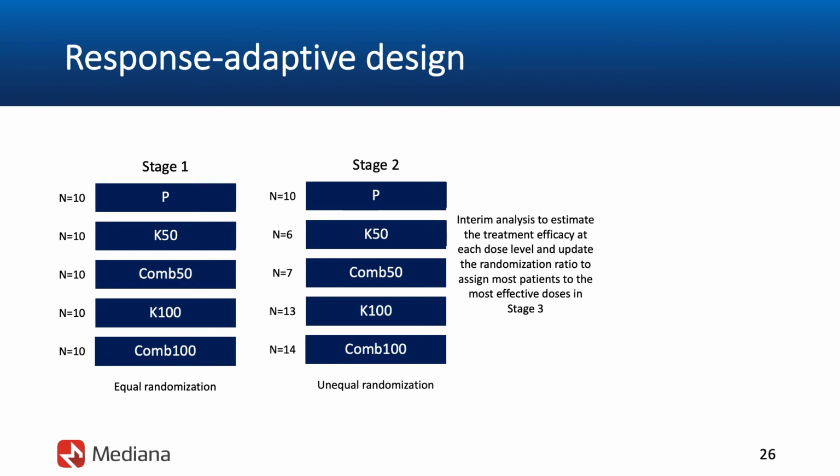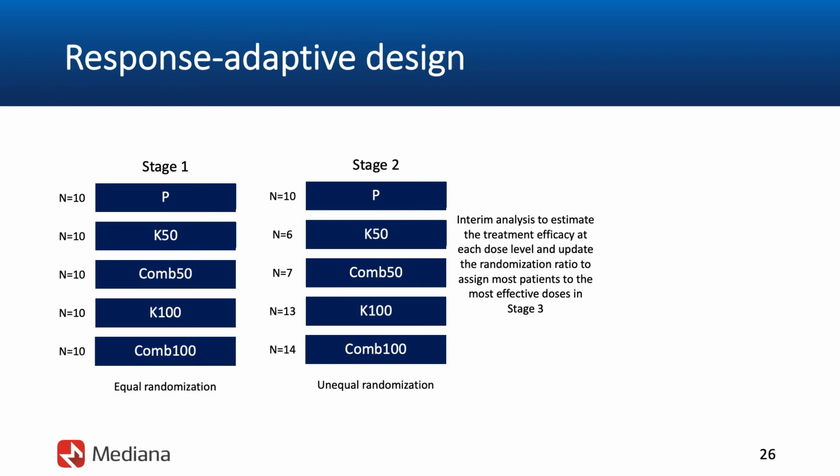As you can see here, exactly 20% of the patients, or 10 patients, would still be receiving placebo in stage 2, and the numbers of patients assigned randomly to the other 4 trial arms would be updated based on the data that would be available to the sponsor at the first interim look.